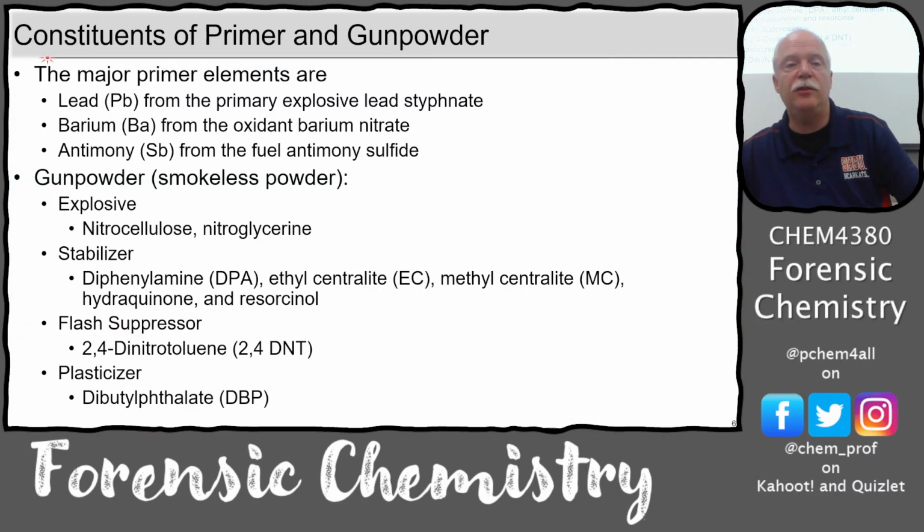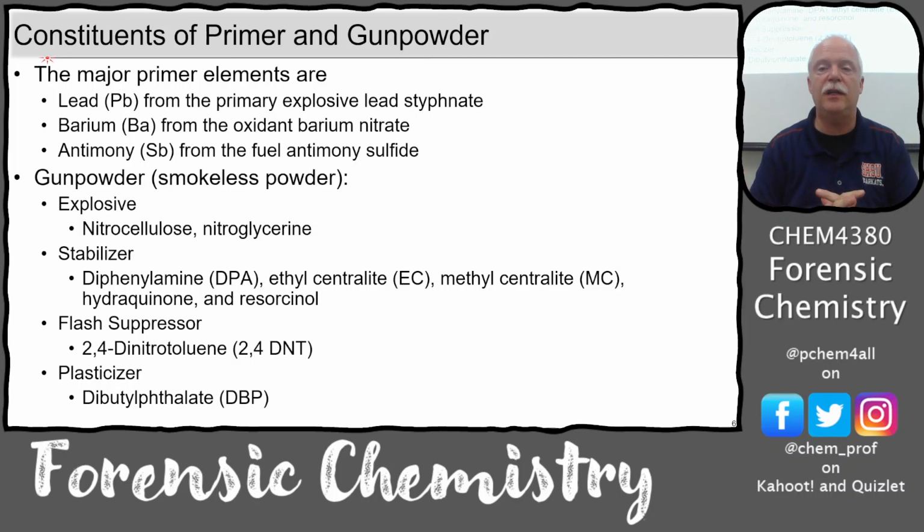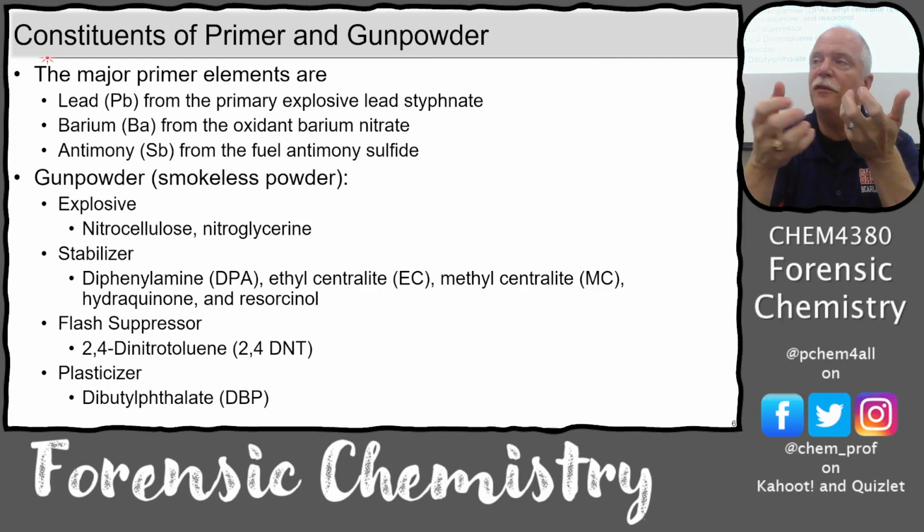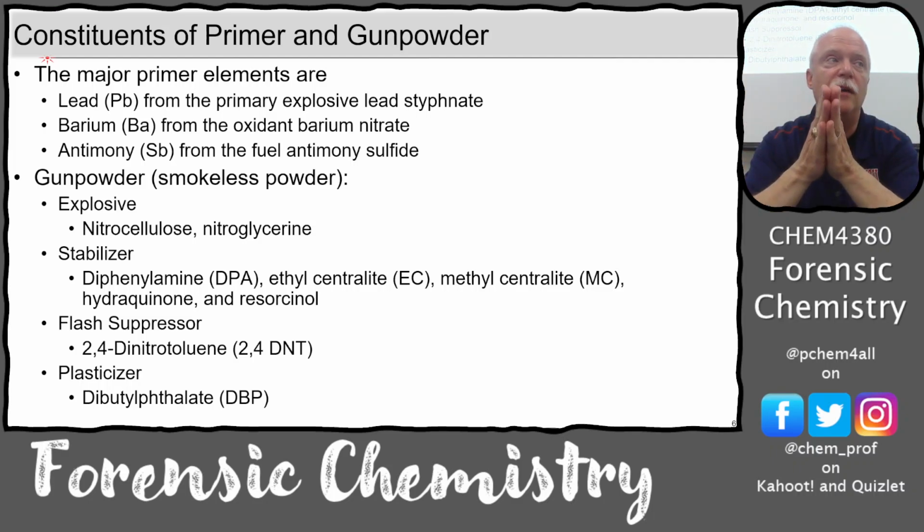So some of the constituents of the primer and the gunpowder that we detect with gunshot residue would be these top three metals: lead from the lead styphnate, barium from this oxidant that's mixed in with the gunpowder, the barium nitrate, and then there's also a fuel. Sulfur burns pretty well with oxygen, and so antimony sulfide would be a fuel.